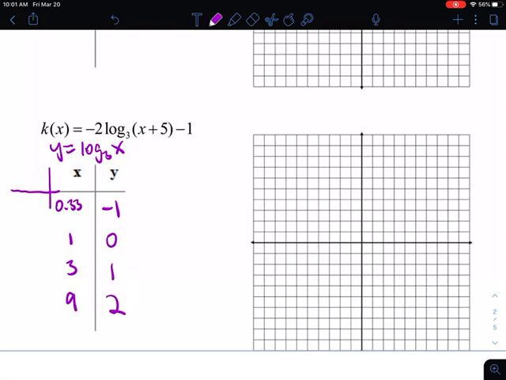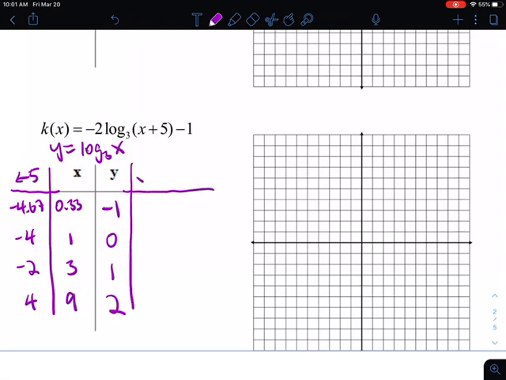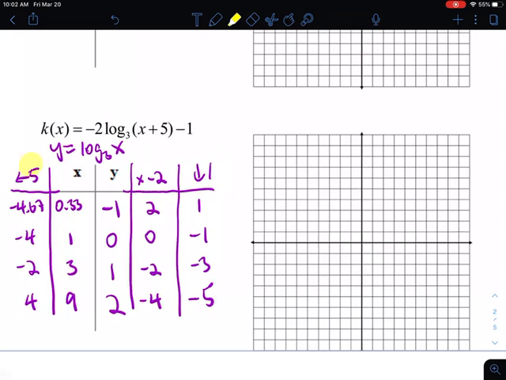Then let's put in our transformations. Here I'm shifting to the left by 5. So I get negative 4, negative 2, 4, and here I get a fraction. For the y values, I'm first going to multiply by negative 2. So I should end up with these. Then let's go down 1: 1, negative 3, negative 5.